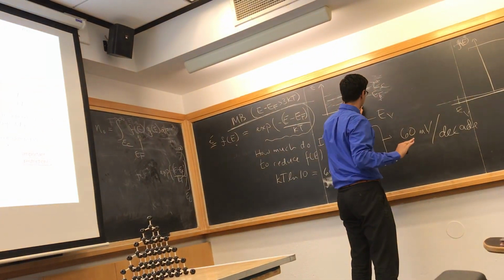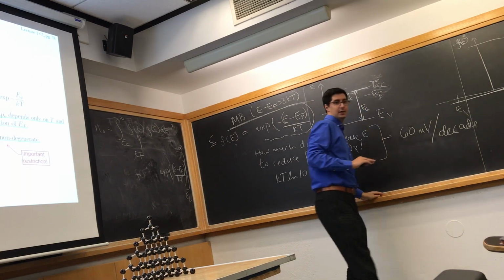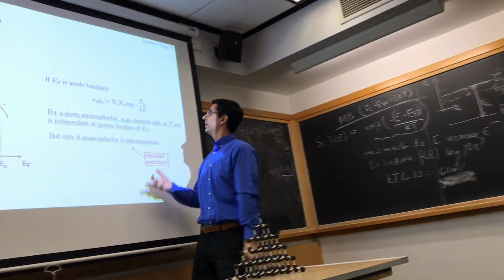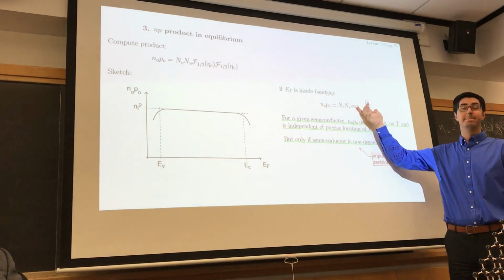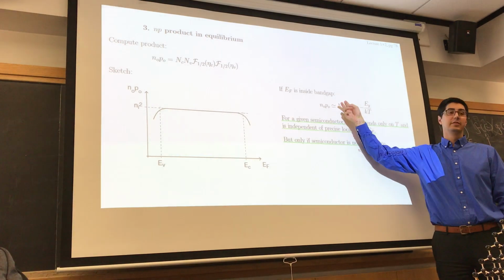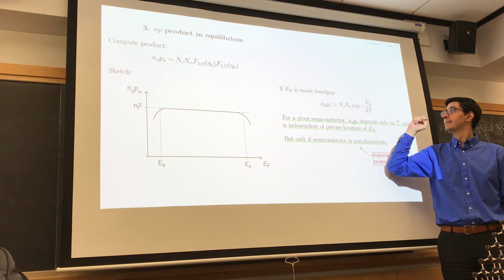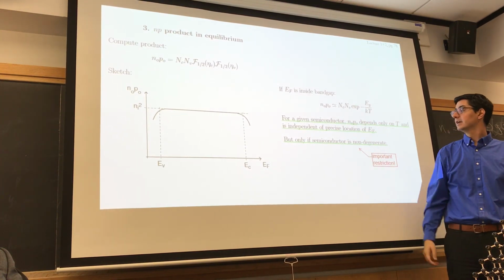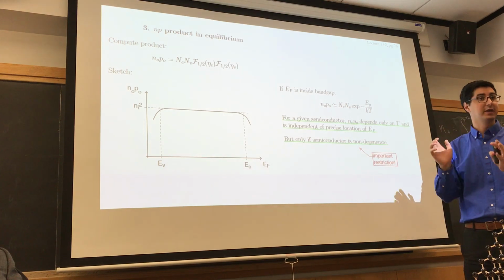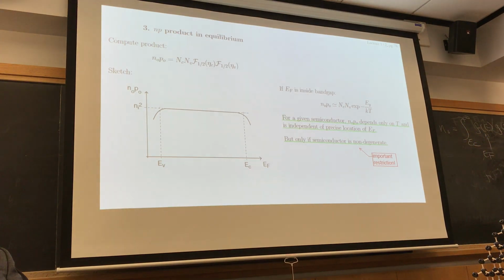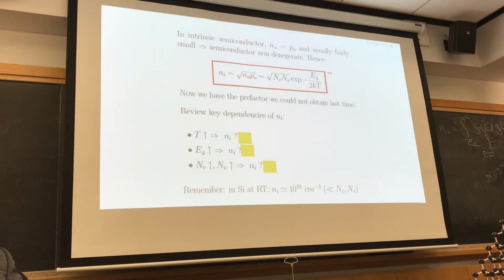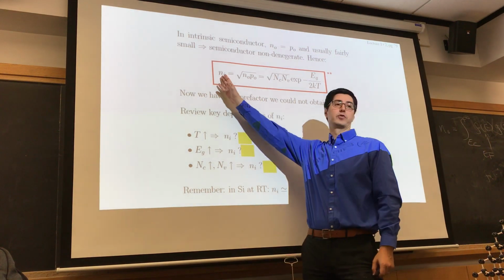That's just to keep you guys up, I'm sorry. Okay, so it's going to depend on the band gap. This factor out here is just the multiplication of my density of states. And what we see is we can get an expression for Ni.